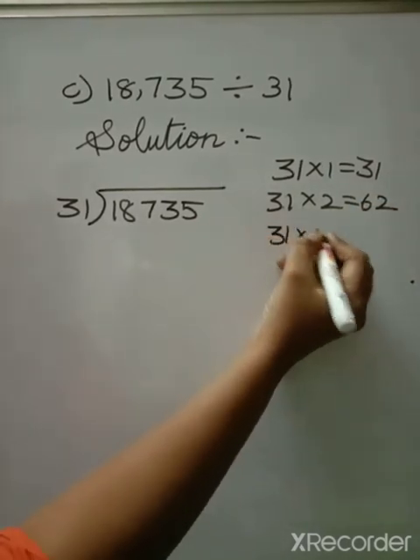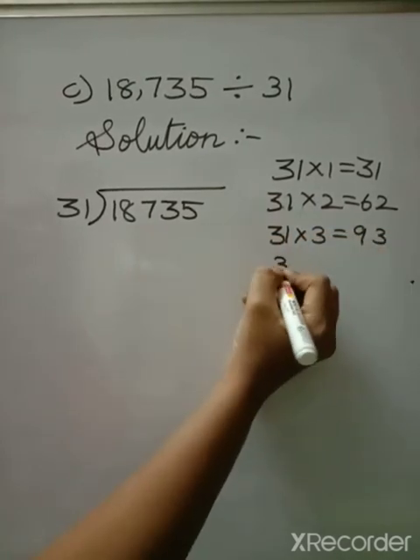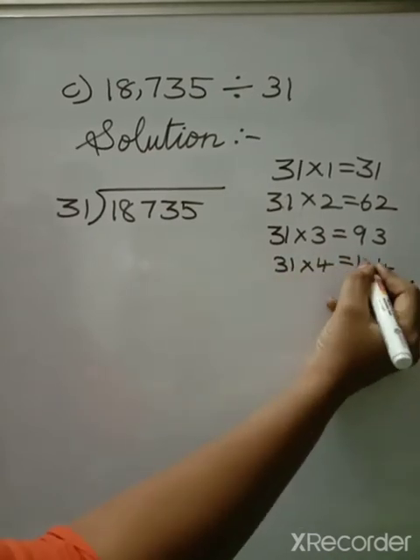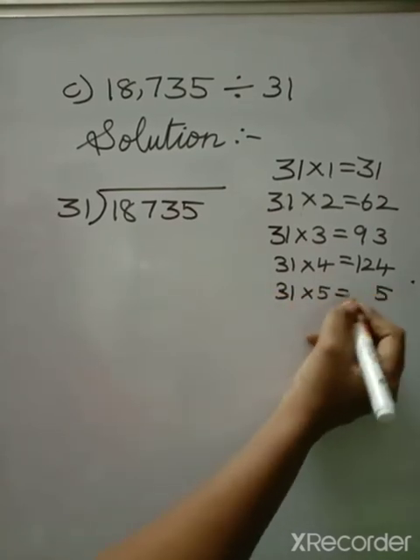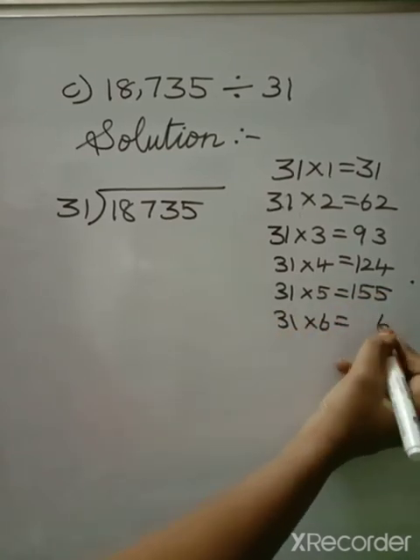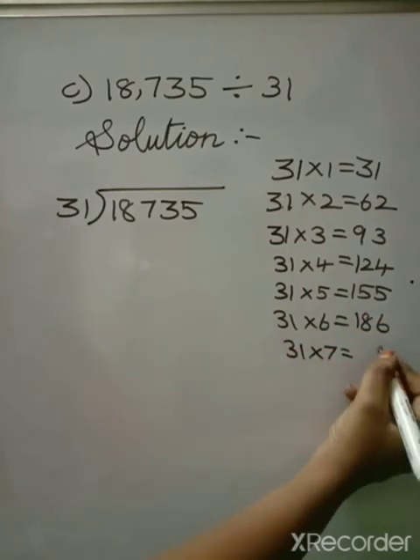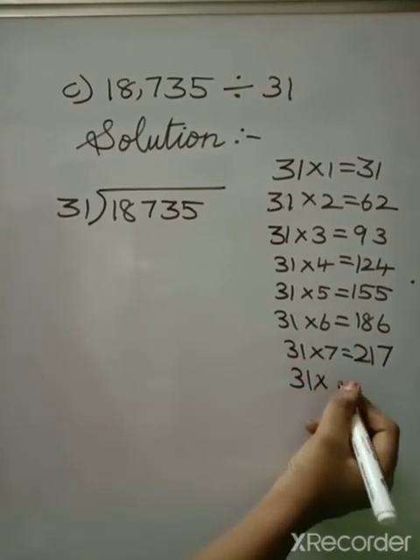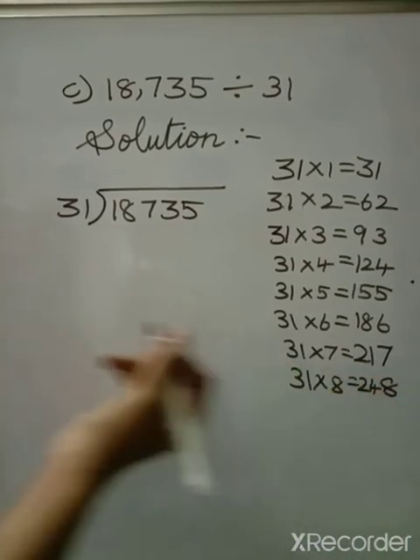And then 31 into 3. 3 ones are 3, 3 threes are 9. 31 into 4. 4 ones are 4, 4 threes are 12. 31 into 5. 5 ones are 5, 5 threes are 15. 31 into 6. 6 ones are 6, 6 threes are 18. 31 into 7. 7 ones are 7, 7 threes are 21. 31 into 8. 8 ones are 8, 8 threes are 24.